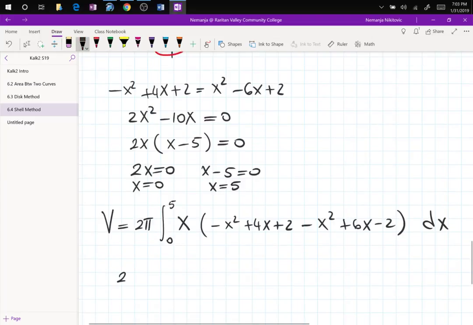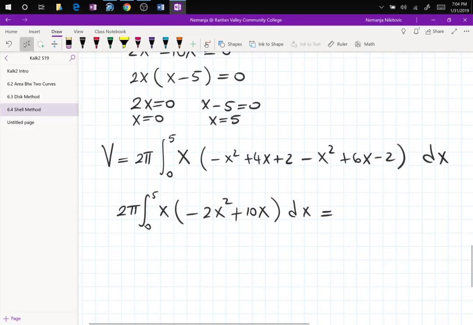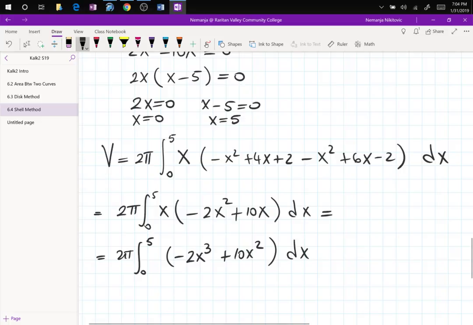We have 2 pi integral 0 to 5 of x, and in parentheses we have negative 2x squared plus 10x. These cancel, dx. One more row to simplify: 2 pi integral 0 to 5 of negative 2x cubed plus 10x squared dx.